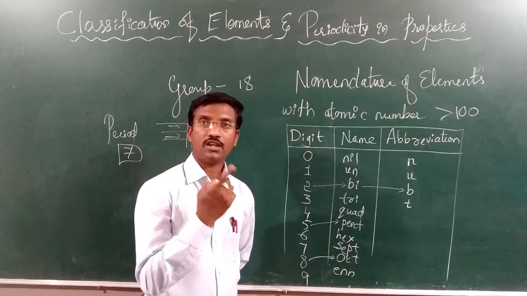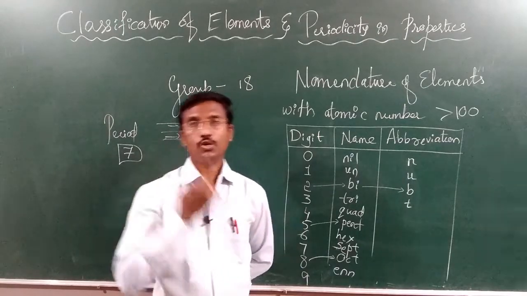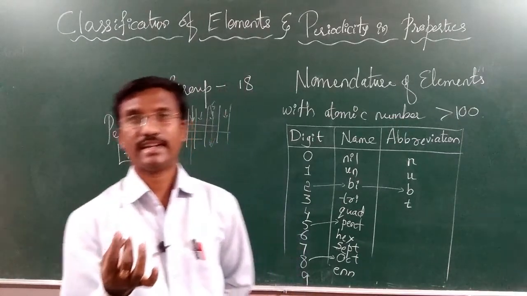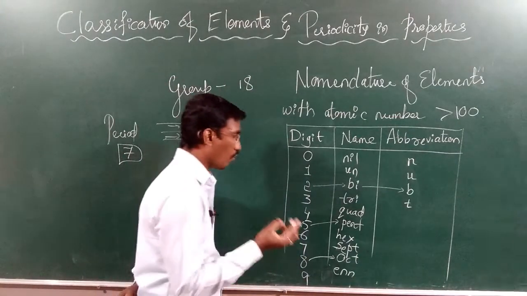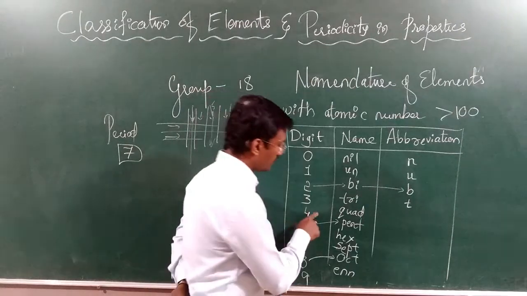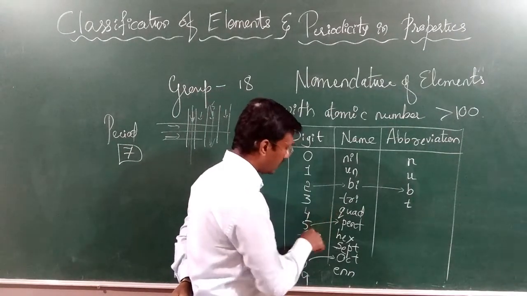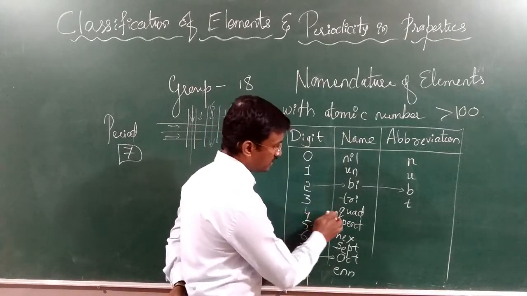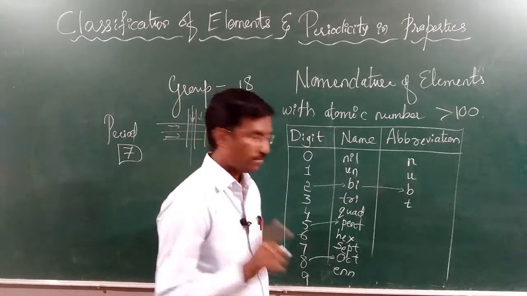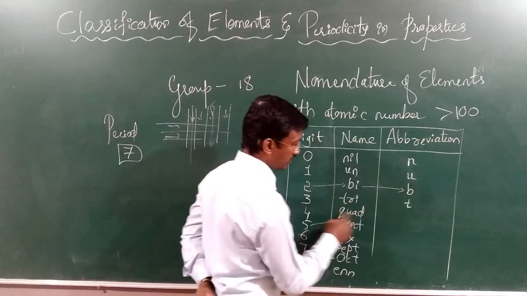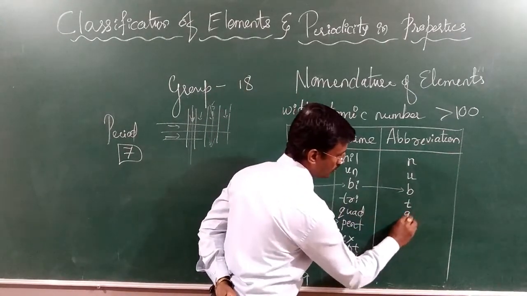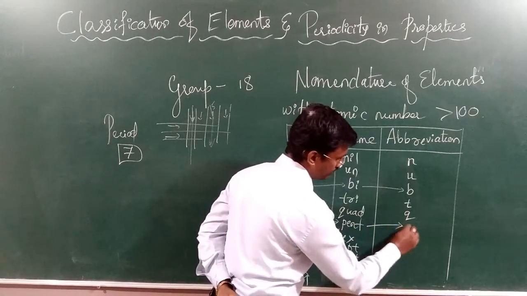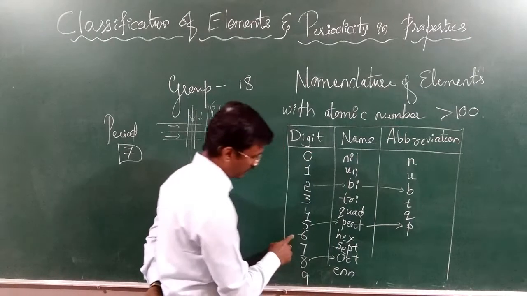In organic chemistry we name on the basis of mono, di, tri, tetra, penta, but here in this nomenclature, for the fourth digit we use quad, not tetra. Keep it in mind. Quad has the small letter q. The fifth one is penta, small letter p.